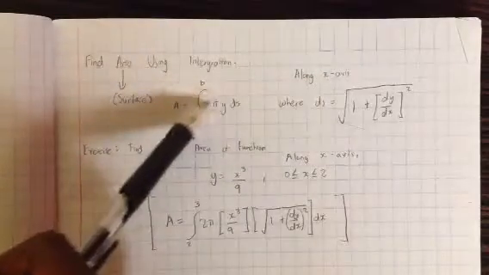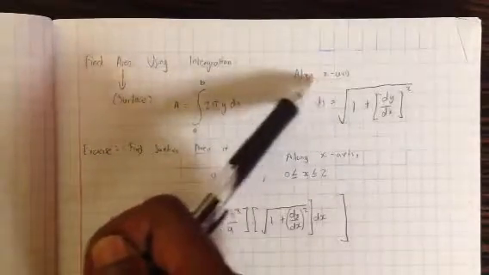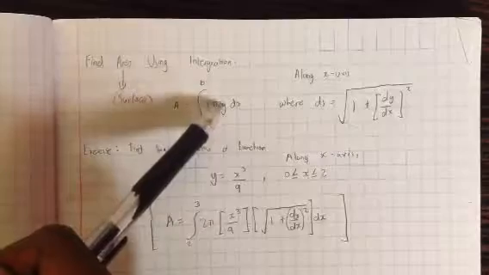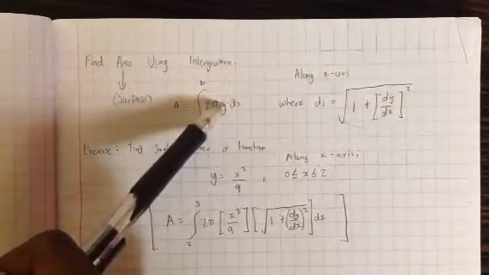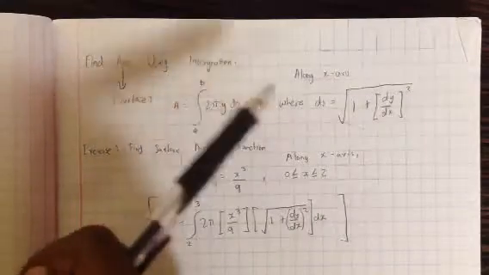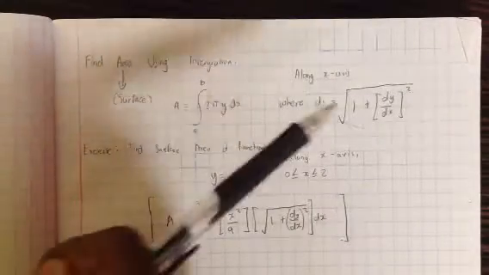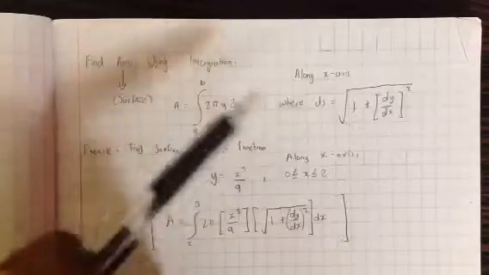By the way, this is a scenario along the x-axis. Where it's along the x-axis, we have a y within the integral. Where it's along the y-axis, we have an x in the integral. Make sure you note that, it's an important fact. You can look more into that and confirm it.